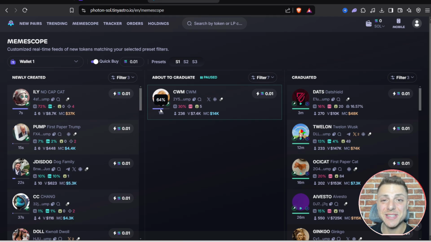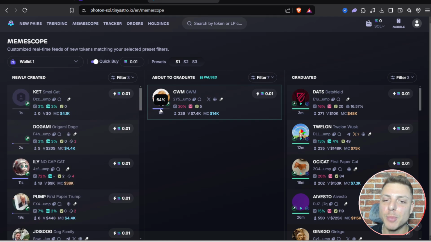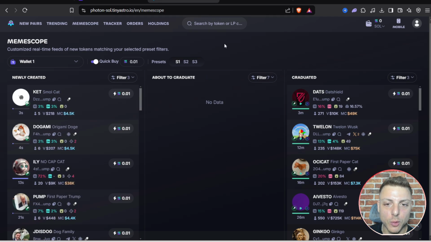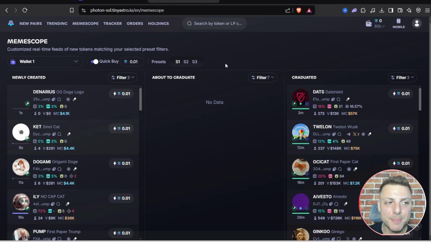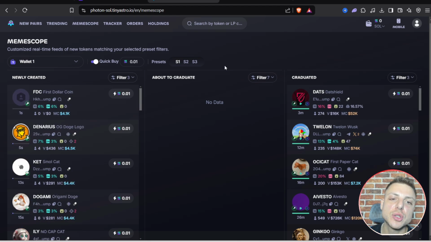We could even find coins that are literally days old because they're really close to hitting their bonding curve, and that's not what I'm looking for. Whereas here, all of the best of the newly created wallets will then pop up into the about to graduate section, and that will then give me the opportunity to quickly deep dive into the coin to see if there are any opportunities.